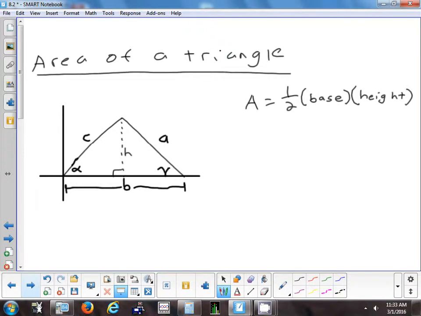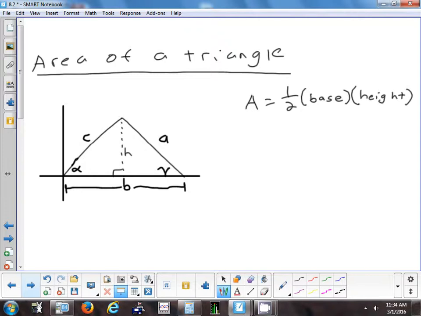All right, so next thing we're going to look at is how we can find the area of a triangle. I've put up the formula that you're probably familiar with already. Area is half the base times the height. And there are two formulas we're going to come up with in addition to that.